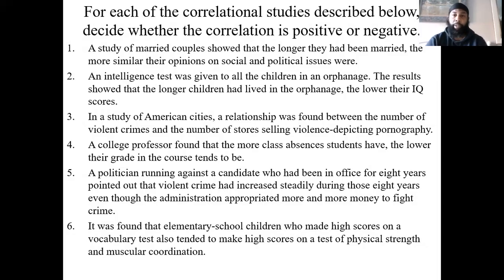So as one went up, length of years married, the other also went up, opinions on political and social issues. That's a positive correlation. So go through these, figure them out, and then maybe we can discuss later on.